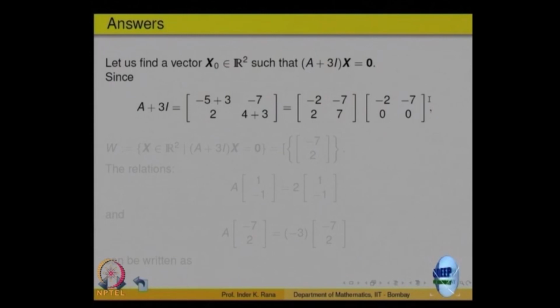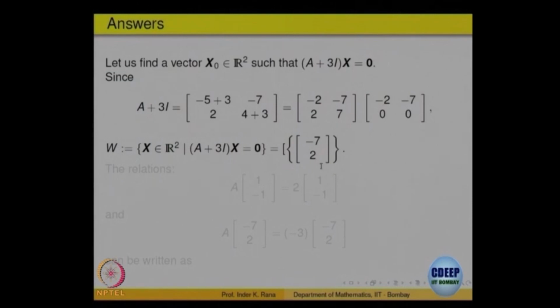So, you can put x2 any value and get the value for x1, or x1 is determined in terms of x2. If you do that, you get the vector minus 7 and 2, or any scalar multiple of that.